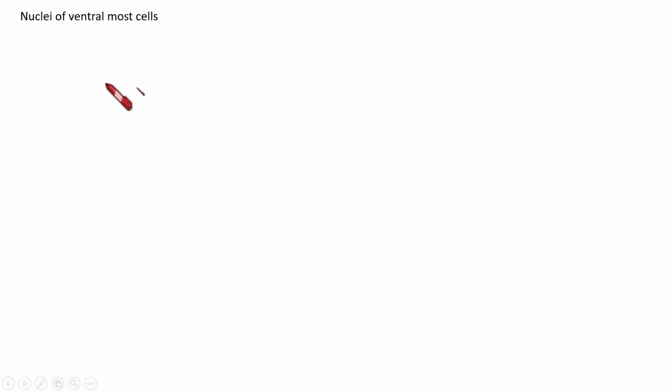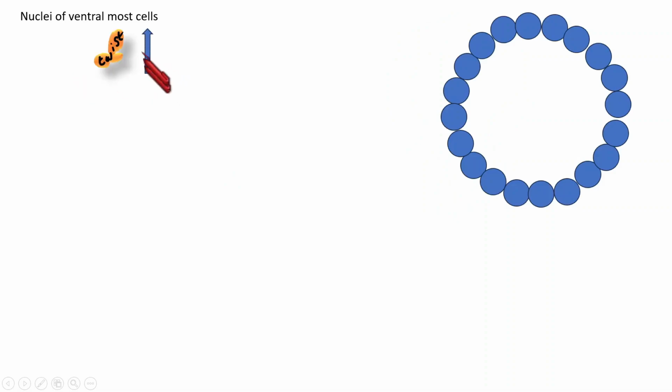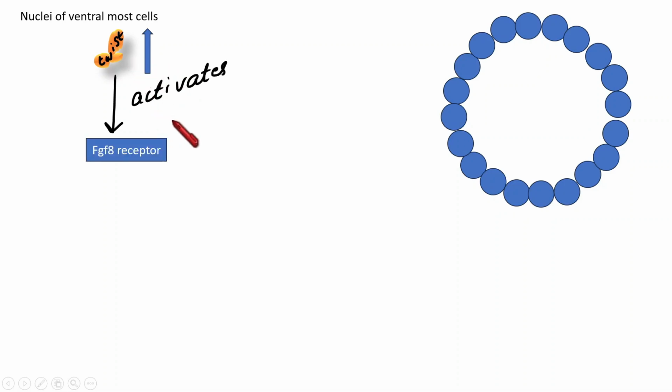Okay. So that is what is mentioned here, that the concentration of the twist protein is high in the nuclei of ventralmost cells. And because of that high concentration, it can activate the FGF receptor gene.